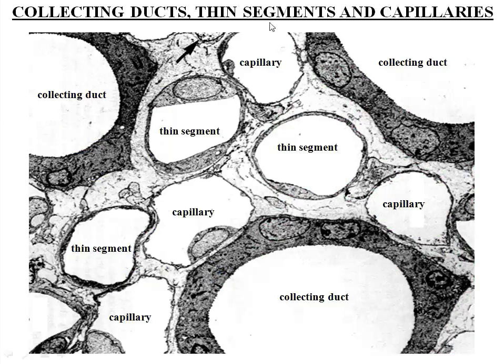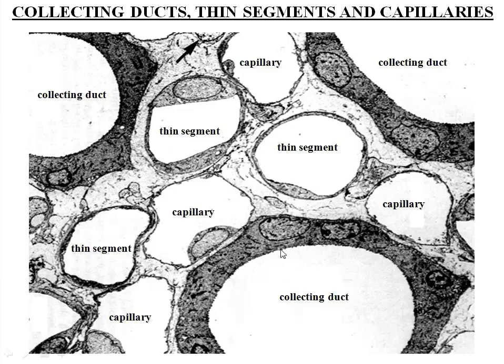Okay, this is the collecting duct and thin segments, and a capillary electron micrograph here. A lot of capillaries are around the collecting tubules, the thin segment of Henle and the thick segment of Henle. All these are the capillaries around the Henle's loop here. These are the capillaries, and around them are the Henle's loops. These are the collecting tubules.